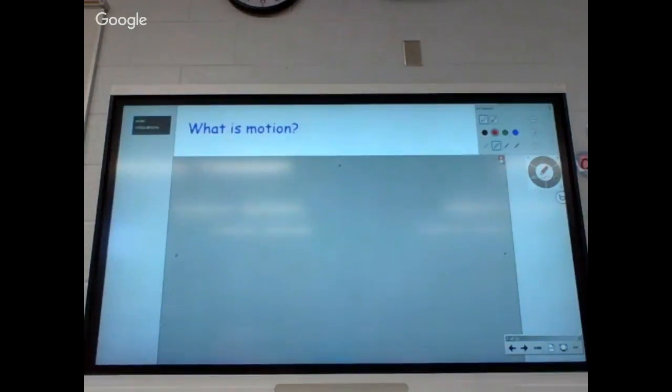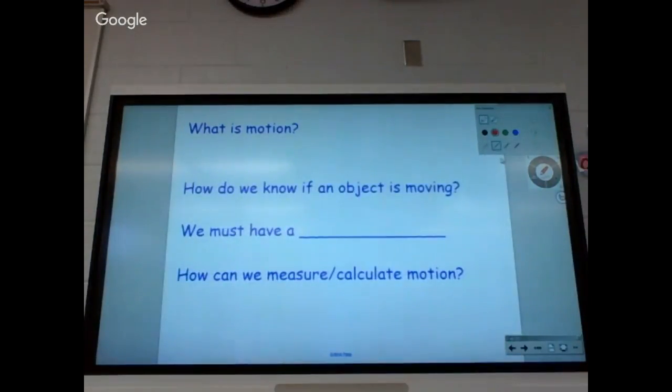What is motion? In order to move, we have to change what?